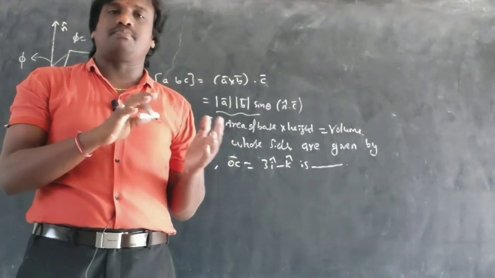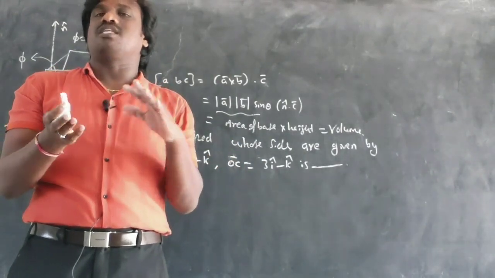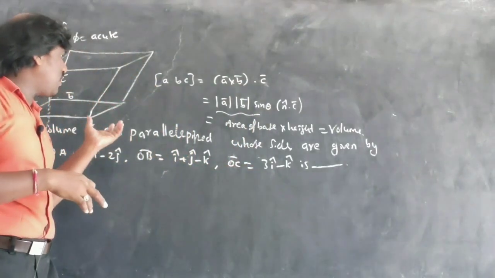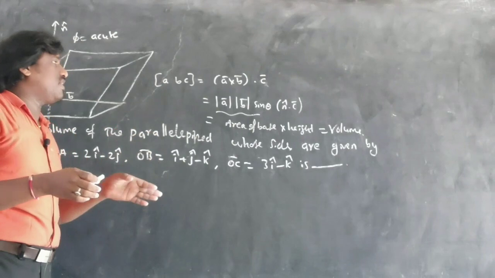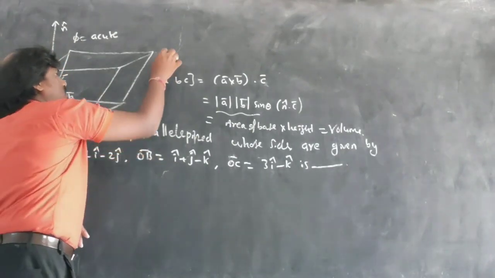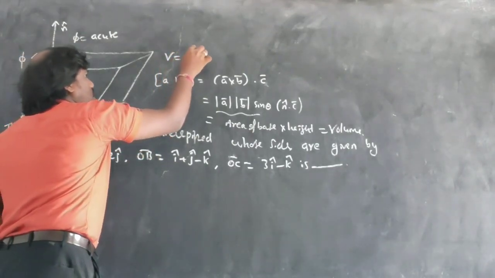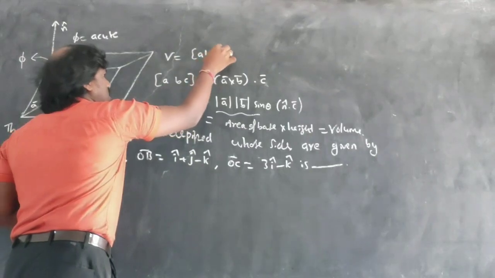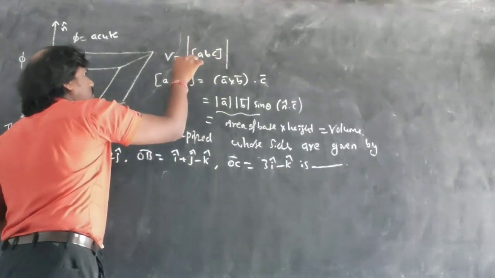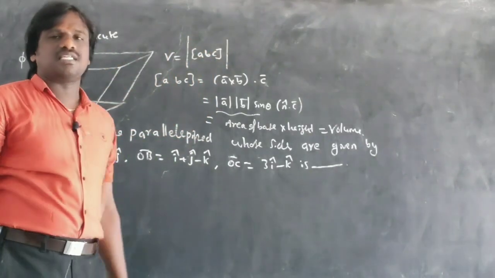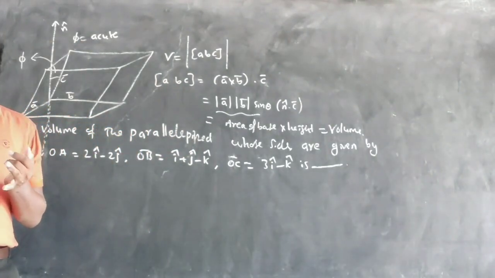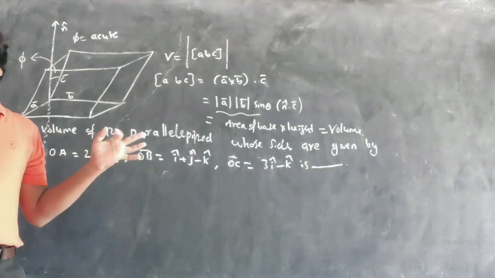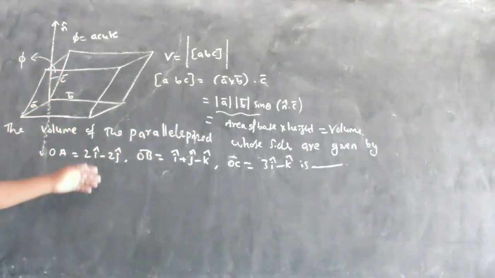Cos of acute is positive, cos of obtuse is negative, so the volume will become negative. But volume cannot be negative. That's why we always take the volume of a parallelepiped as the modulus of box ABC. Just take the modulus, because we don't know if the angle is acute or obtuse, right?